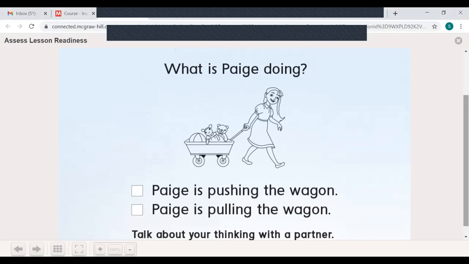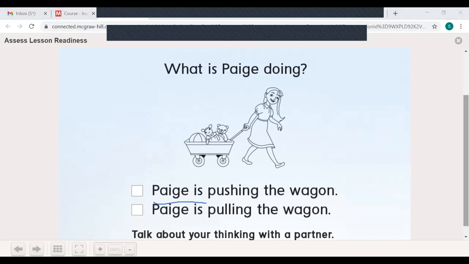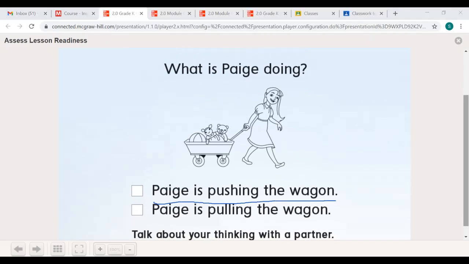How would you move the wagon? Okay, Paige is moving a wagon up a hill. Do you think Paige is pushing or pulling the wagon? So they give you a choice. Is Paige pushing the wagon or is Paige pulling the wagon? Remember, she is moving the wagon up a hill.